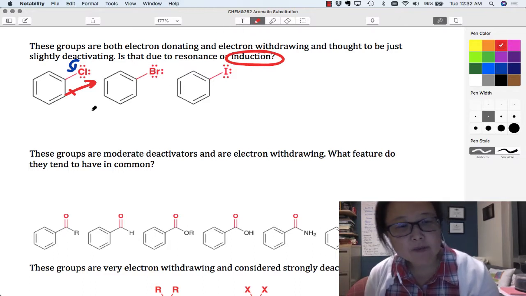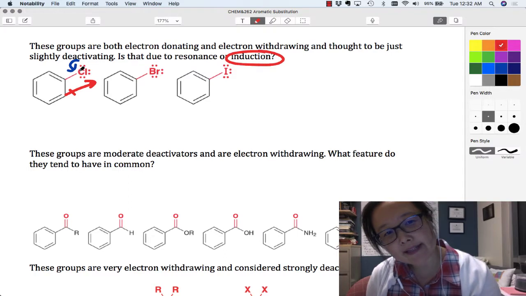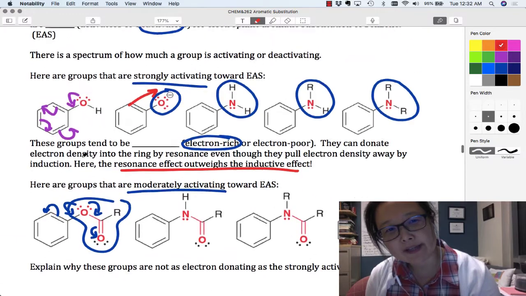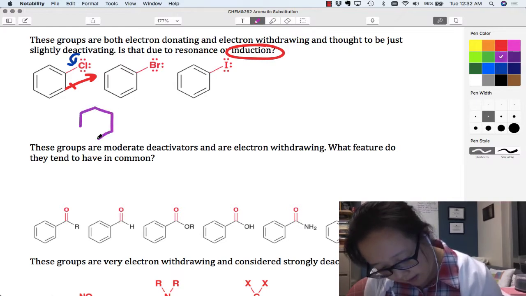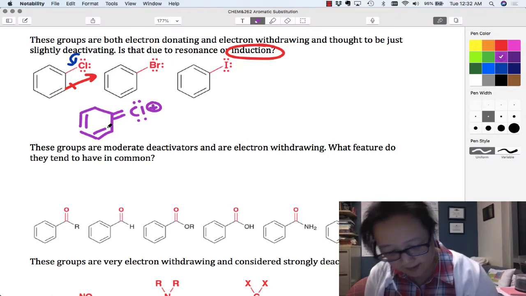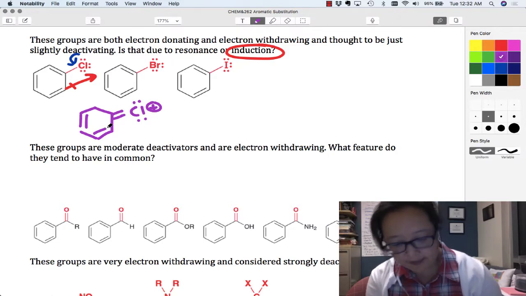And the reason why electronegativity is more important for these, rather than O and N, which are really electronegative, is because of the effect of the resonance. If you look at what happens when these do donate in through resonance, they develop positive charge.